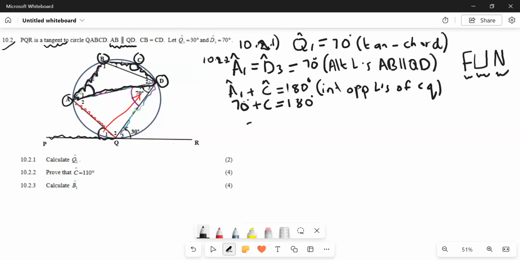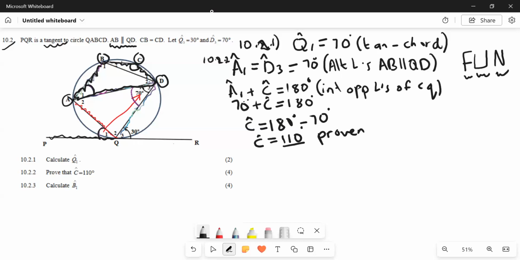Then C is equal to, now we transpose 70 and we have 180 minus 70, and we get 110. So C is equal to 110. Proven. So we've proven that C is equal to 110.